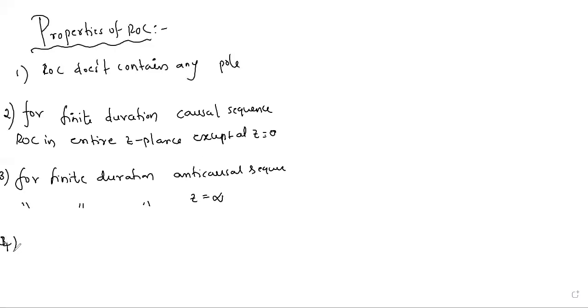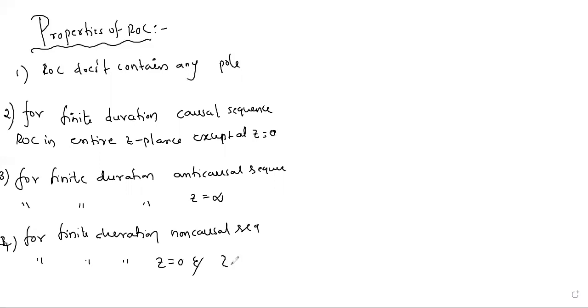Next, fourth one, for finite duration non-causal, both positive side and negative sided sequence. Non-causal sequence, ROC is entire z plane except at z equal to 0 and z equal to infinity. This is the property, right?